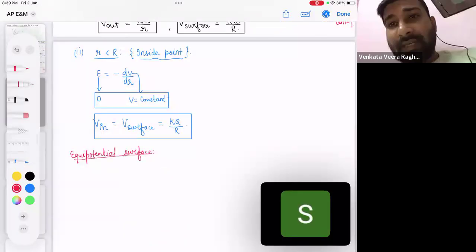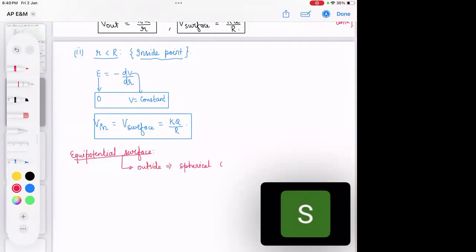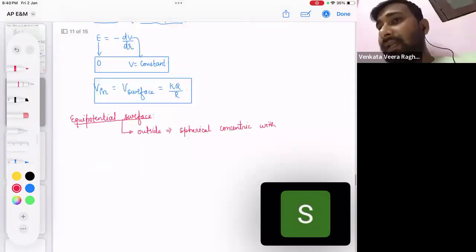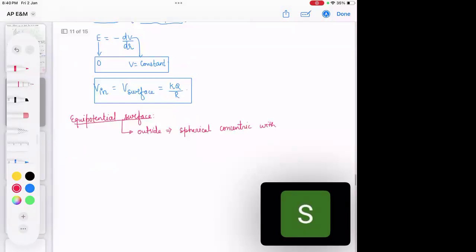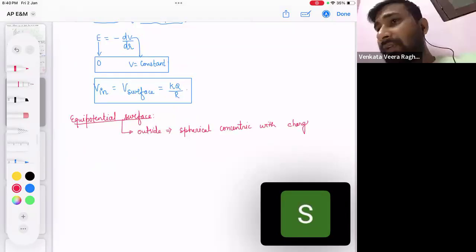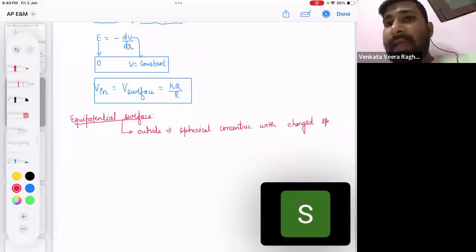Outside, it will be a spherical surface concentric with the charged sphere.